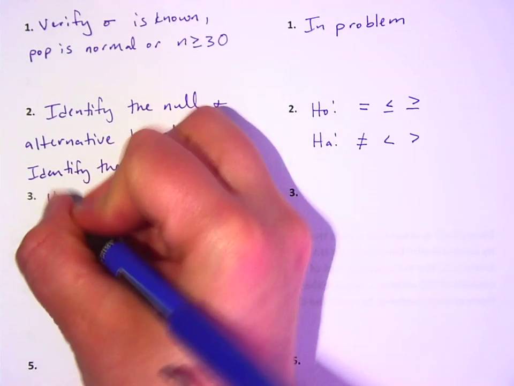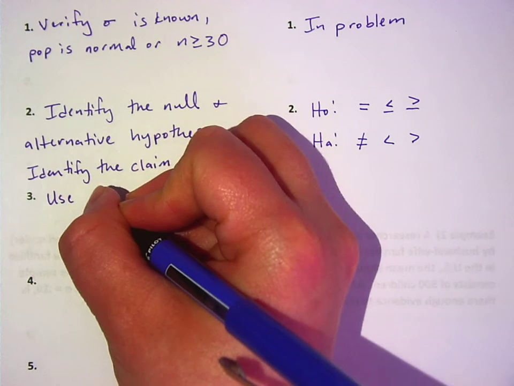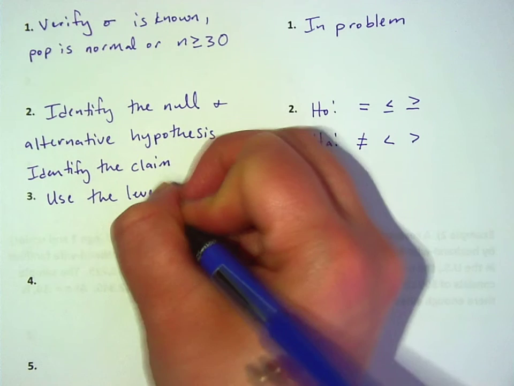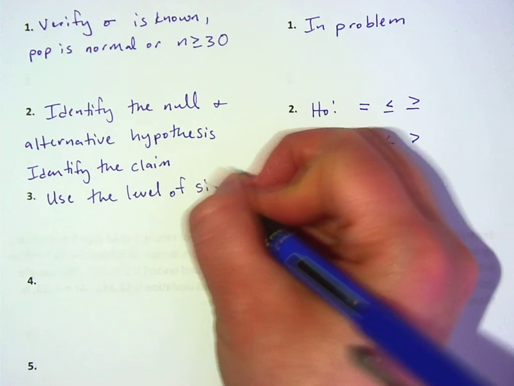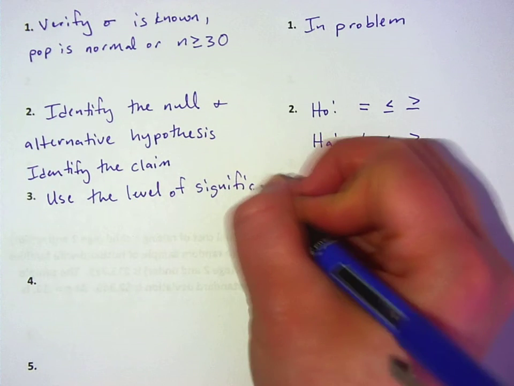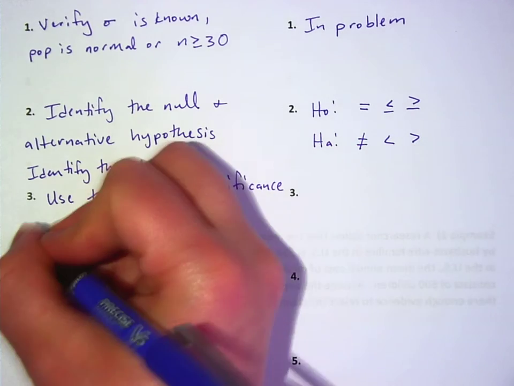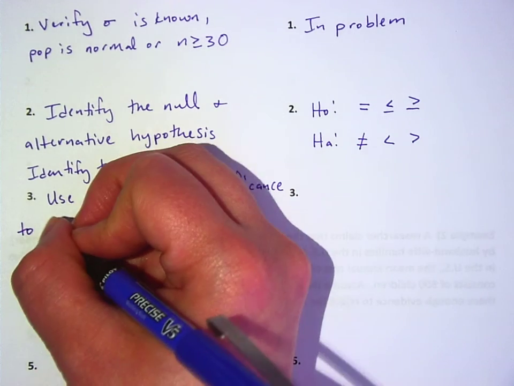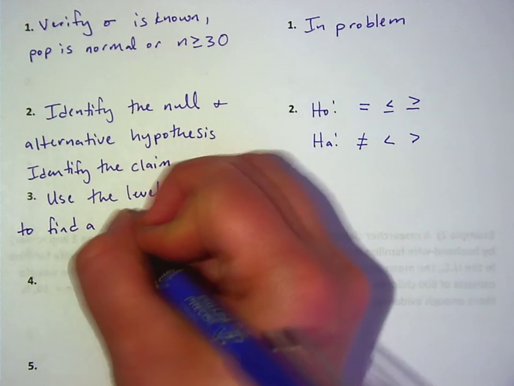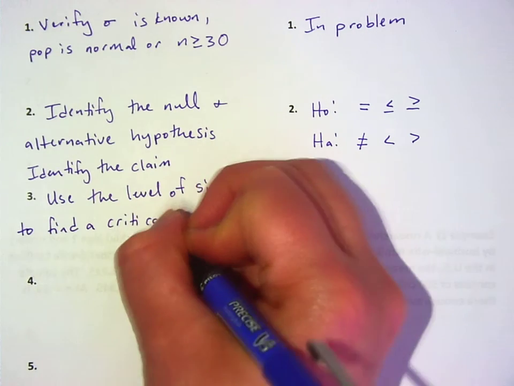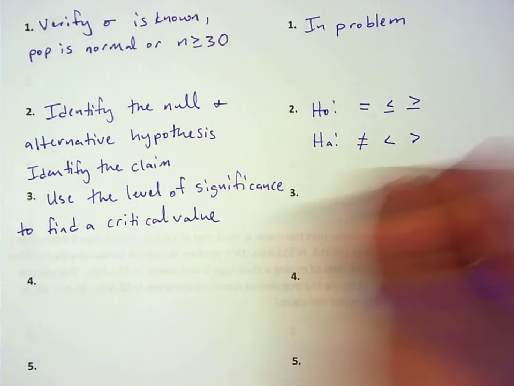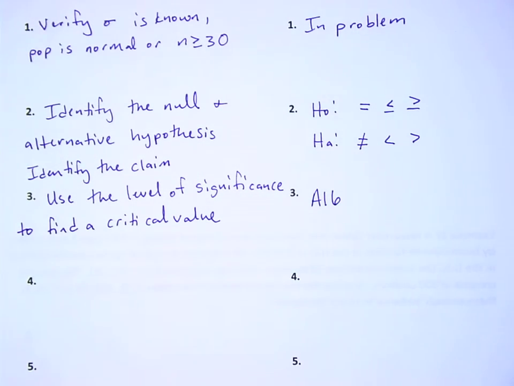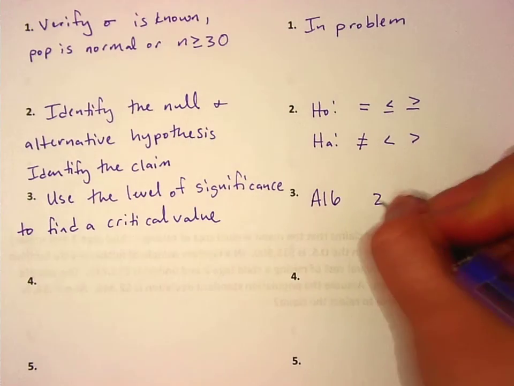Okay, after that, you use the level of significance they give you to find a critical value. And this is using the chart on A16, or a Z, the Z-score one.